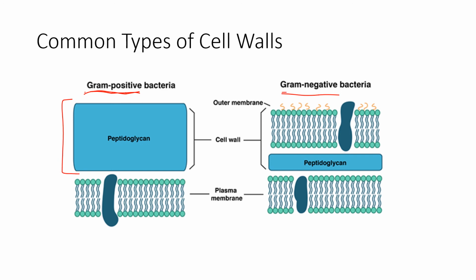In a gram-negative cell wall, there is a very thin layer of peptidoglycan, but those cells also have an outer membrane, which is a phospholipid bilayer and contains lipopolysaccharides. So the process of the gram stain is allowing you to differentiate between the two types of cell walls.